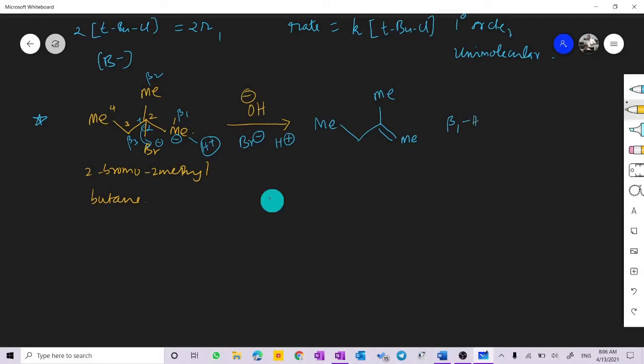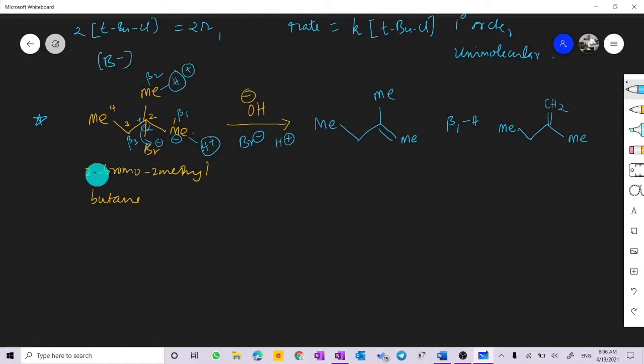Suppose beta 2 is getting eliminated. Again you draw the same Me and then this here. If you remove this hydrogen, then this H plus and this Br minus go together, and therefore a bond is formed here. So you will have CH2 and then the Me.